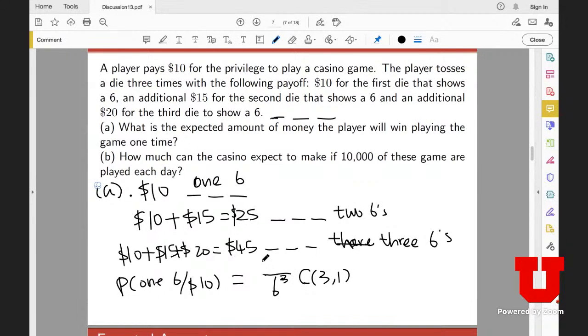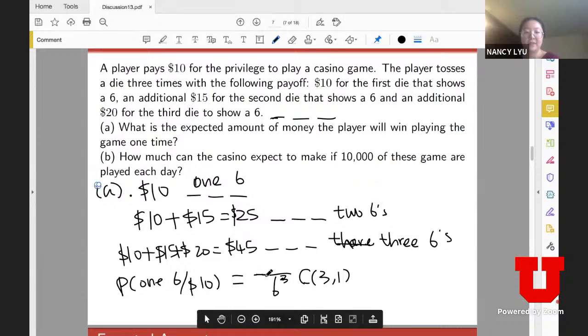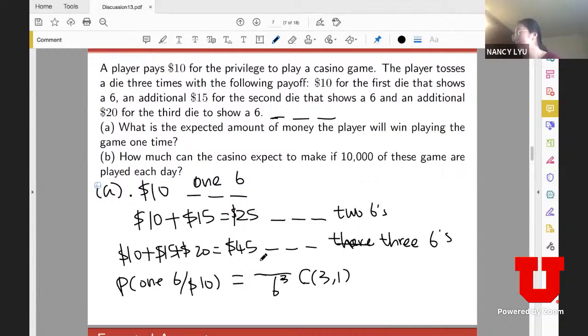And we have the one that is a 6, and we want to make sure that the other 2 tosses do not appear as 6. That's 5 options times 5.